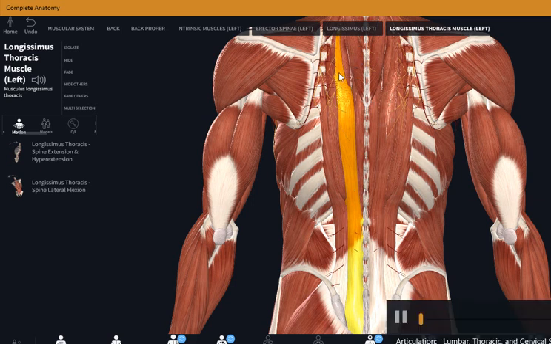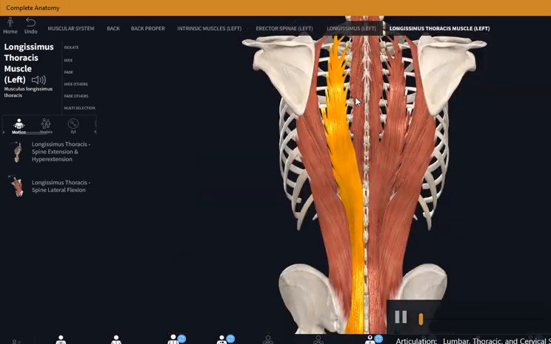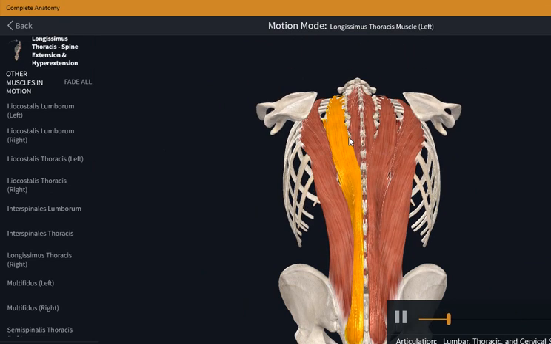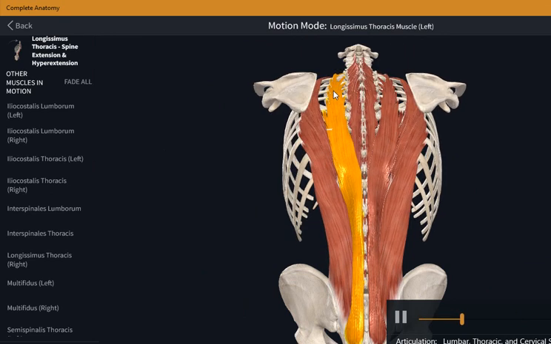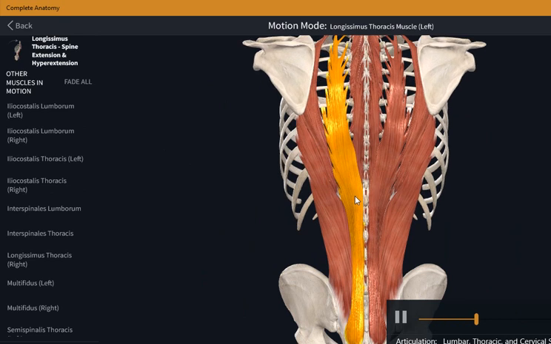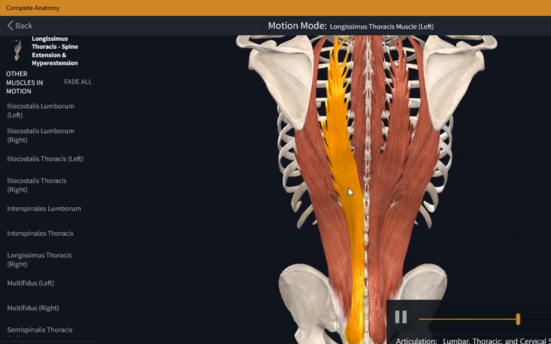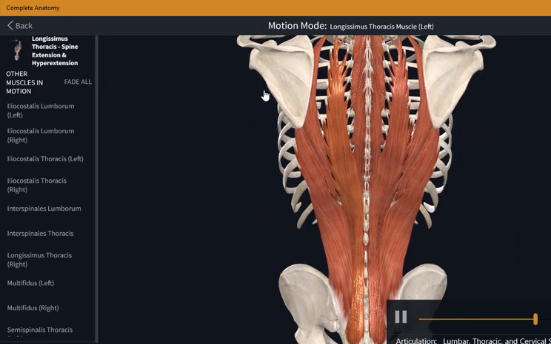It is doing slightly lateral flexion because the origin is slightly medial compared to the insertion point. So when you have a flexion, now the longissimus acts by extending. So this is where the longissimus thoracis acts. It extends the back. So that's the action that it performs.